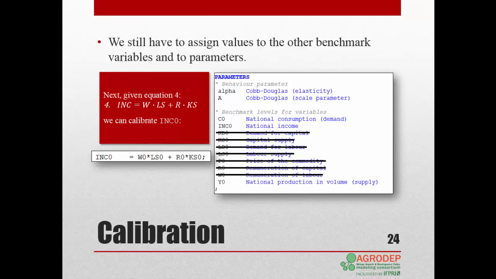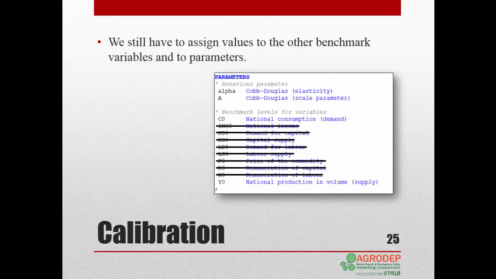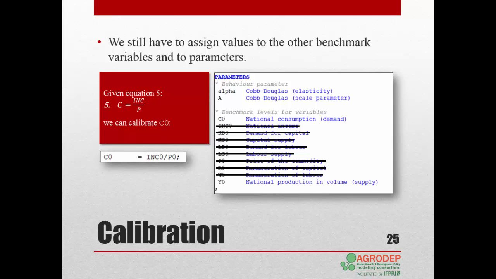Income equals remuneration of labor plus remuneration of capital. We can now calibrate income0. From equation 5, consumption is income divided by the commodity price. So now we can calibrate C0.